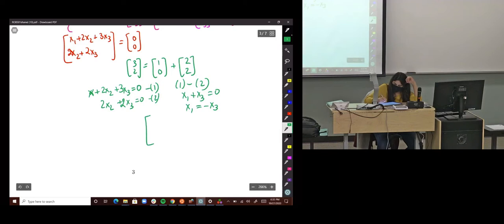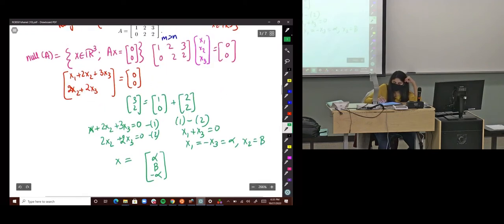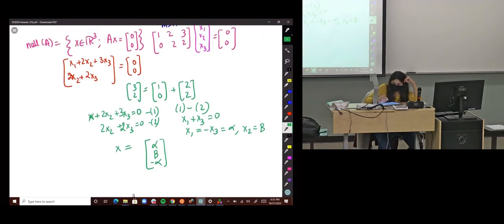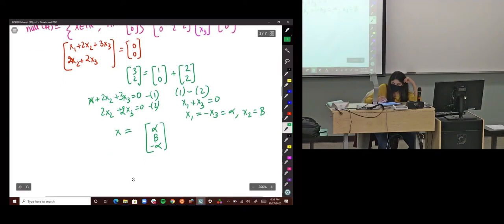So if I take this to be alpha and x2 to be beta, my solutions are alpha, minus alpha, and some beta. And whenever I do that, it should satisfy the condition.